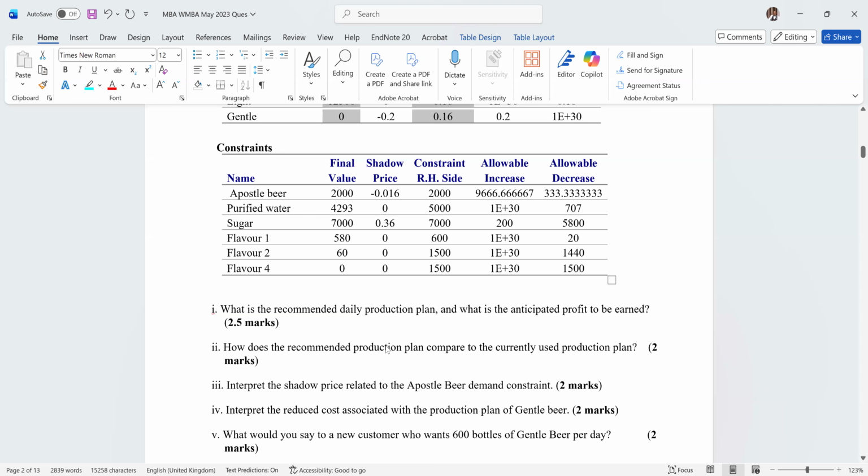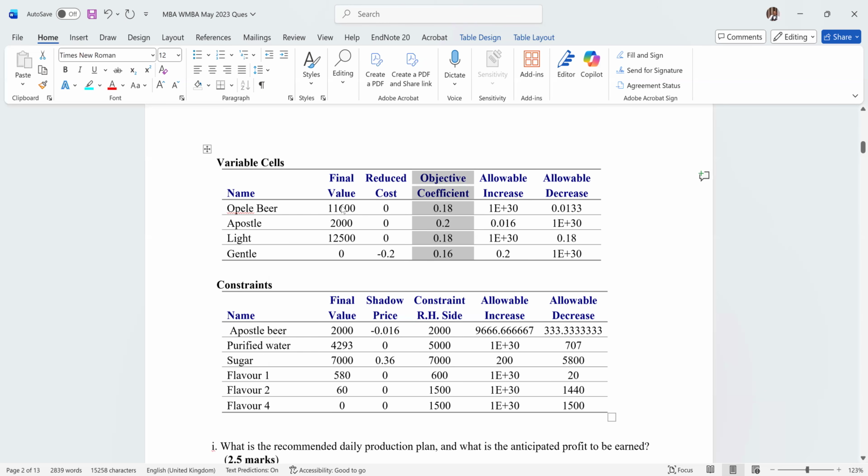How does it compare? Very simply, you can see that the current production plan yields a profit. So you have to calculate the profit that you had before, the current one that they had, not the one we had. If you multiply each one of them by the coefficient, you will get 4,504. But our own, if you multiply each coefficient by the final value, you will get 4,738.